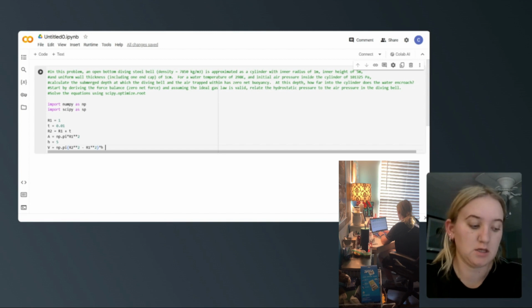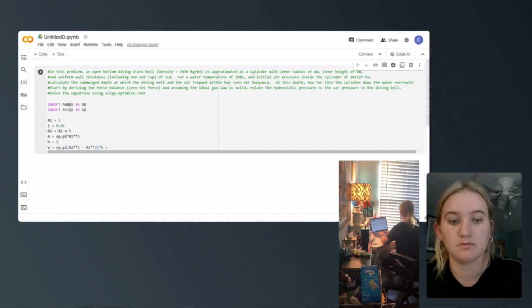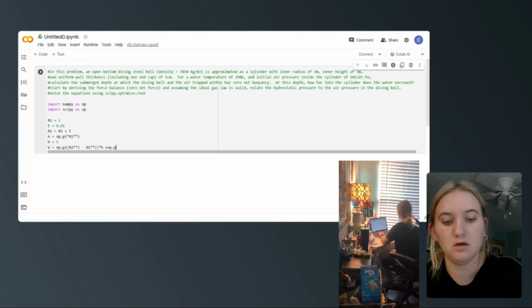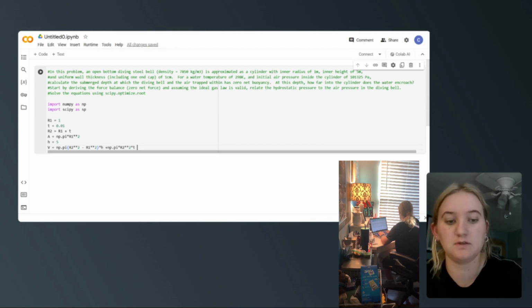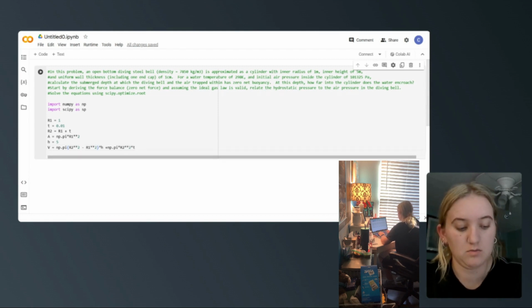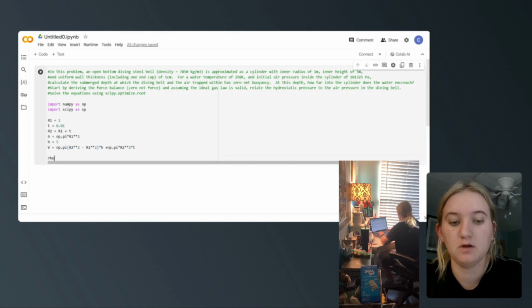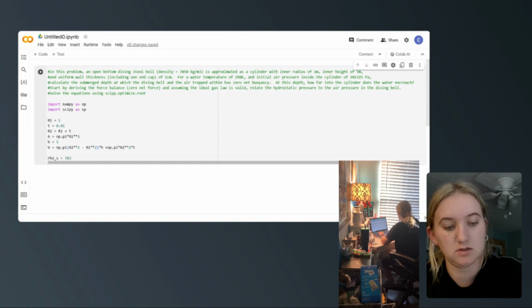And then to include the end cap, we're going to add pi times R2 squared times the thickness T. We also are going to have density of steel, which is equivalent to 7850.